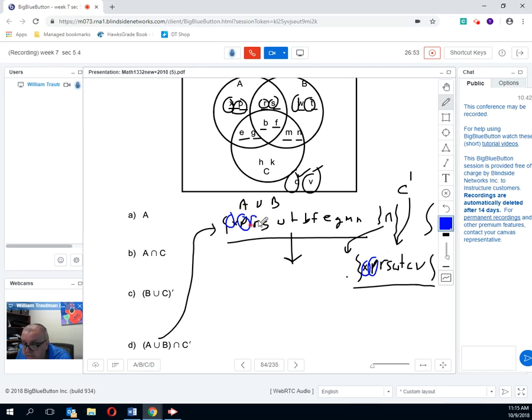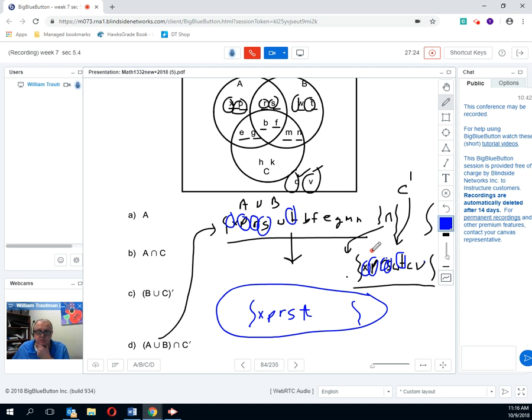R and S. W, no. T, yes. T is in common with both. C, no. And a V, no. So these are the letters that are in common: X, P, R, S, and T. That's our final answer for that problem.